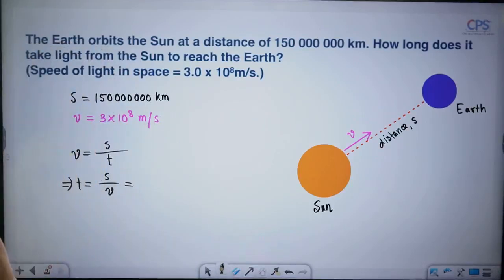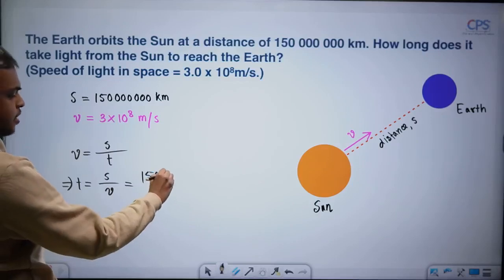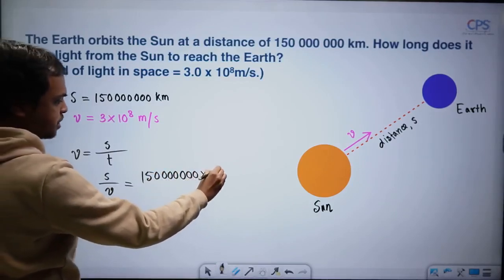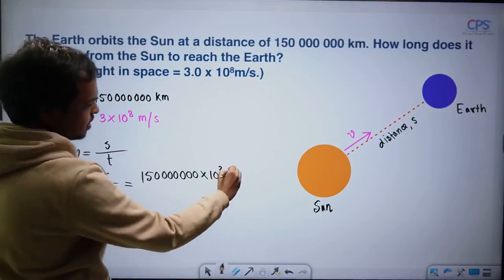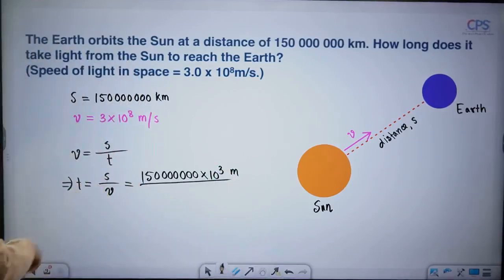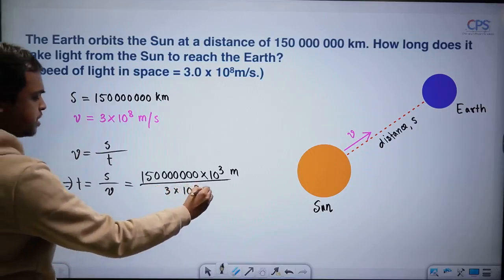So S, how much is S? 150,000,000 kilometers. So you have to convert it to meters. That's this much of meters divided by the speed, 3 into 10 to the power 8 meter per second.